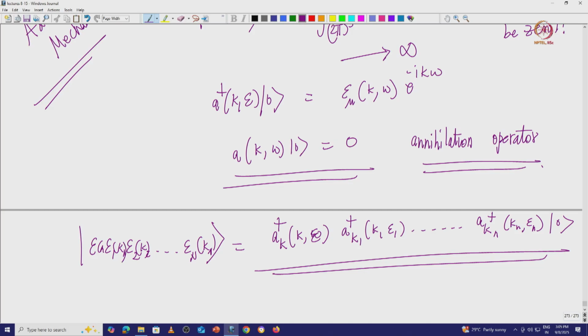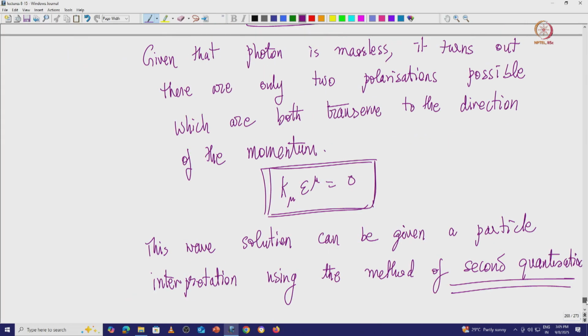So, this is the entire idea of second quantization.